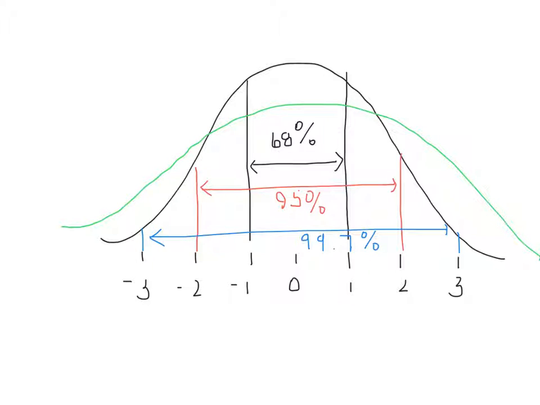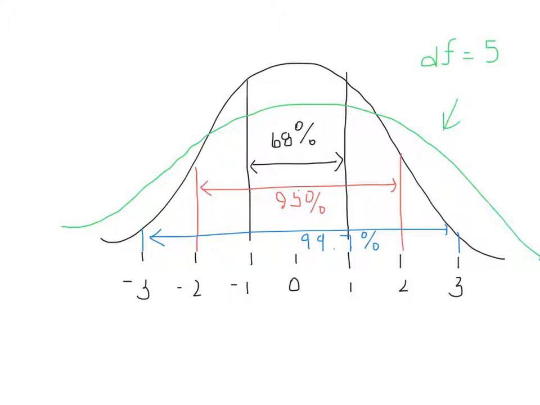So when we're determining the critical value, let's say that this is the t-distribution with maybe 5 degrees of freedom. That means that we took a sample of size 6 and we calculated the average.